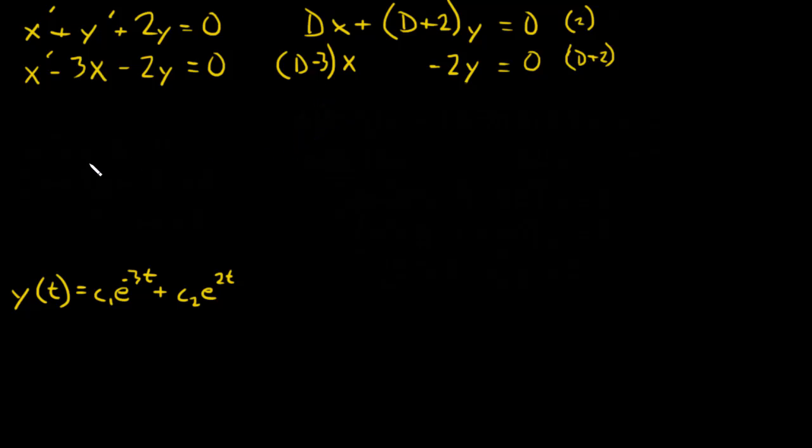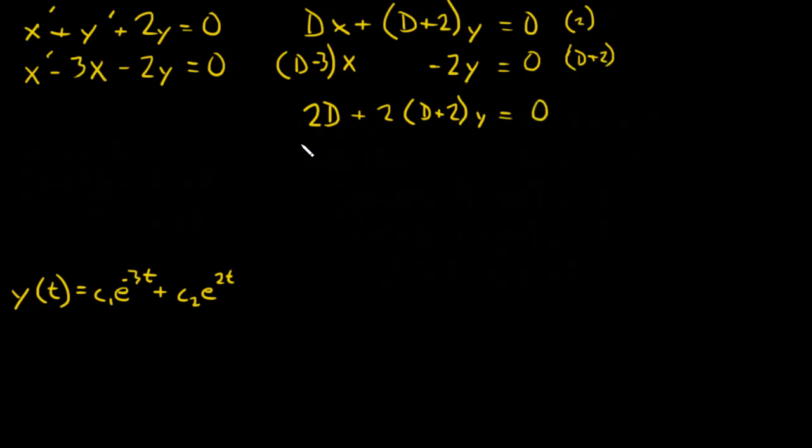Ooh, too big. Brush size was too big. All right, so I'm going to get 2d, okay, and then let's see, this is going to be plus 2d plus 2y equals 0.